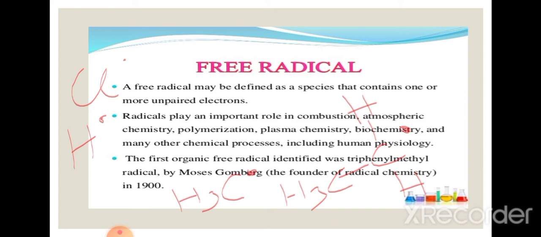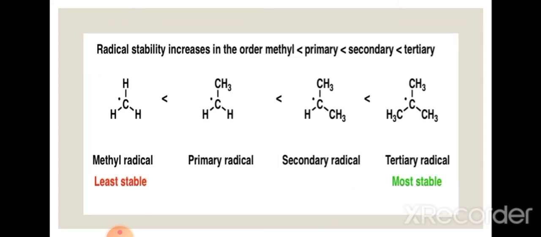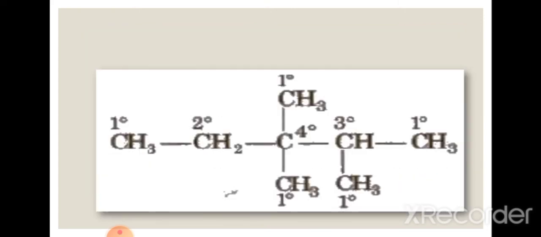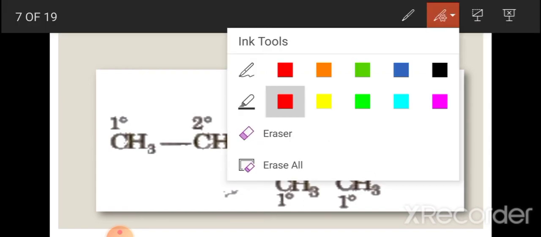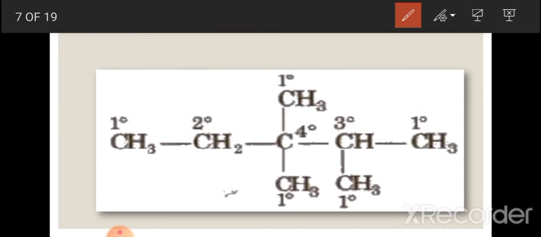When we classify the free radicals, we find that they are of three types: primary free radicals, secondary free radicals, and tertiary free radicals. Which are primary, which are secondary, which are tertiary? If you remember, I have told you about primary, secondary, tertiary, quaternary carbon.